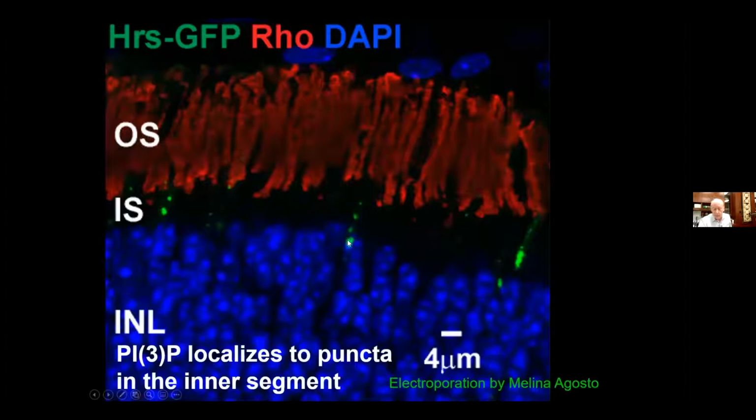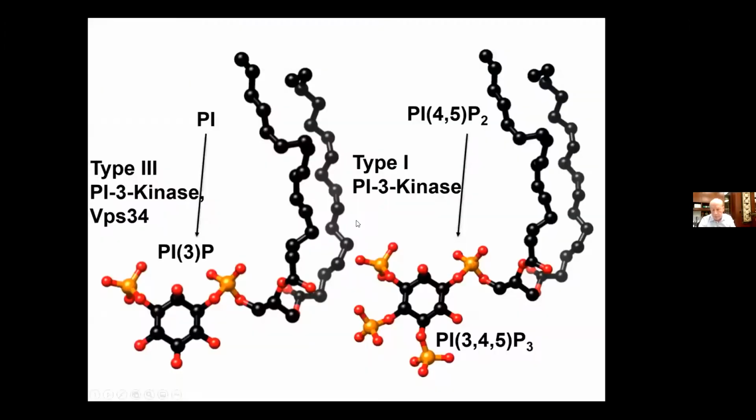We haven't explored that in great detail here, but most of them seem to be distinct from the Golgi, although the Golgi lights up very brightly for PI4P. And then as you move from the outer nuclear layer towards the outer segment, within the inner segment, there are decreasing sizes of these puncta that we see. And we haven't figured out what all of those structures really are.